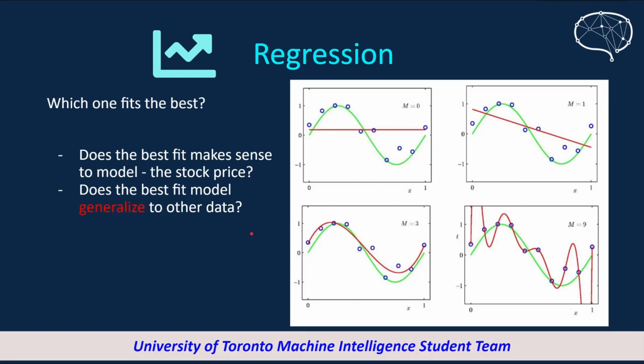So the takeaway here is that choosing the correct degree or type of function can help us better generalize to other data. And machine learning for regression problems is actually the process of finding the best fit.